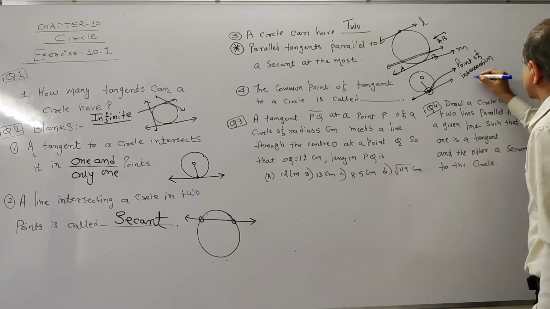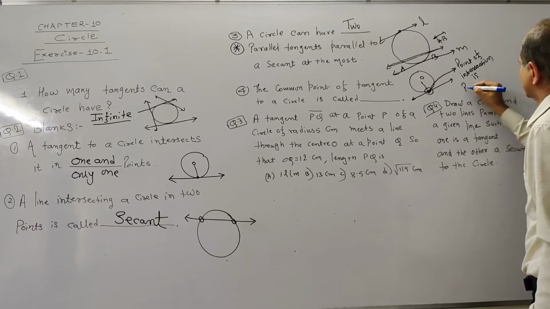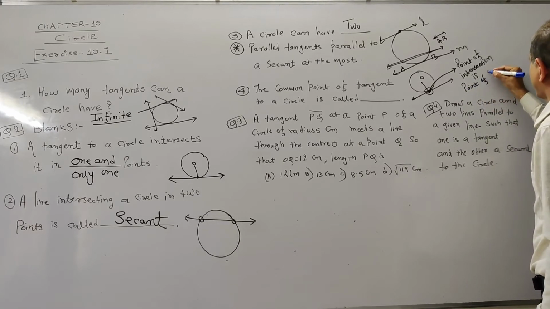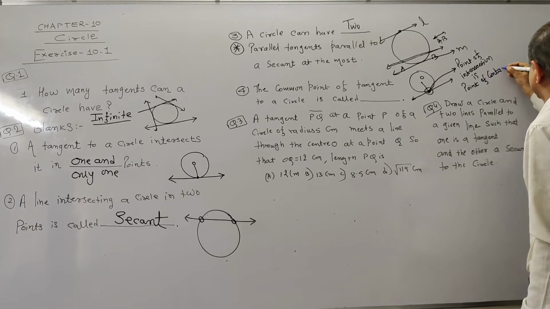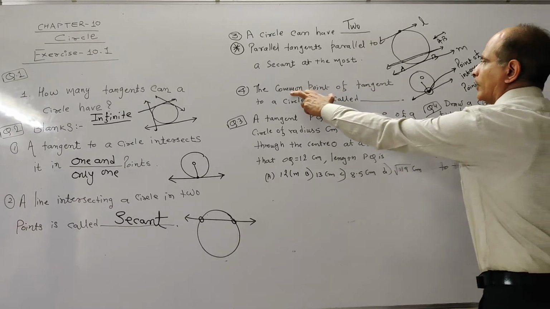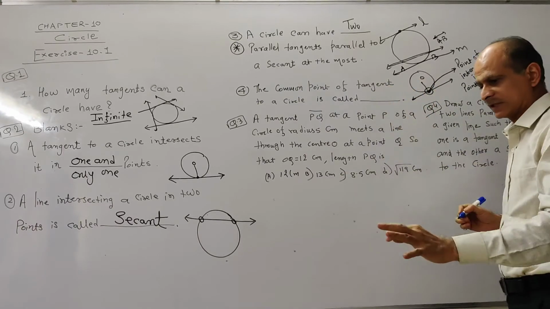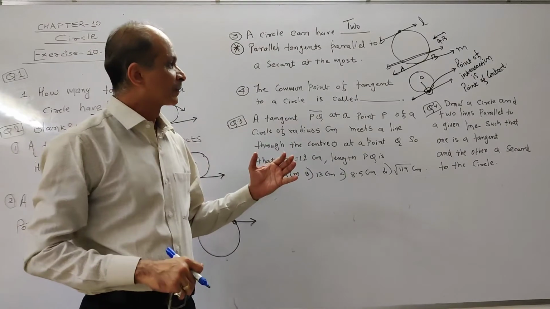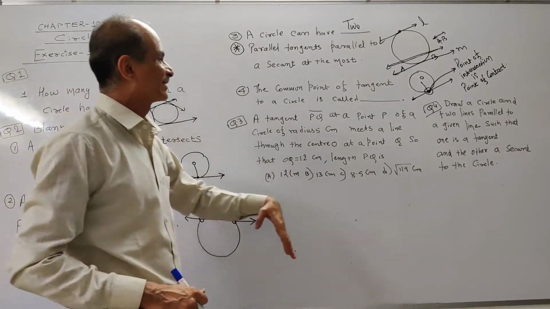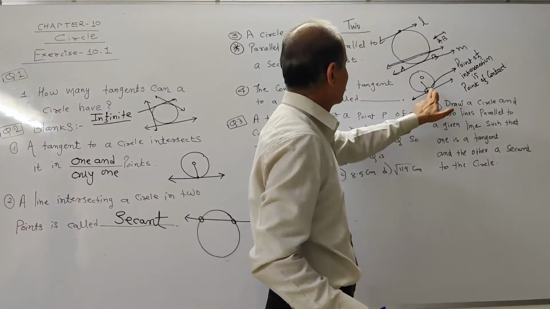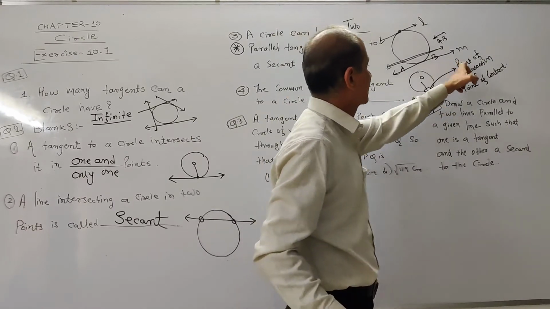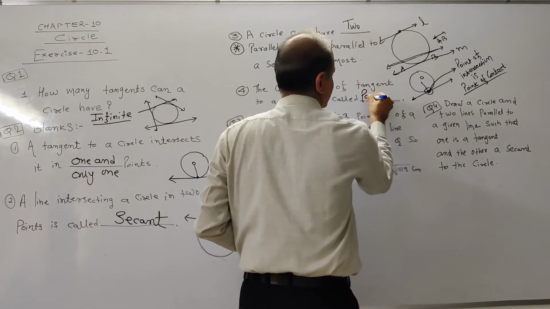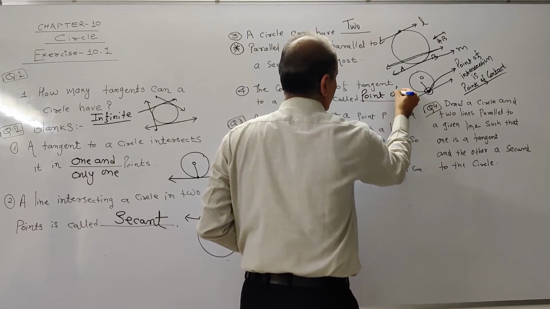This point of intersection is known as the point of contact. So the answer is, the common point of a tangent to a circle is known as the point of contact between the circle and the tangent. So here your answer is point of contact.